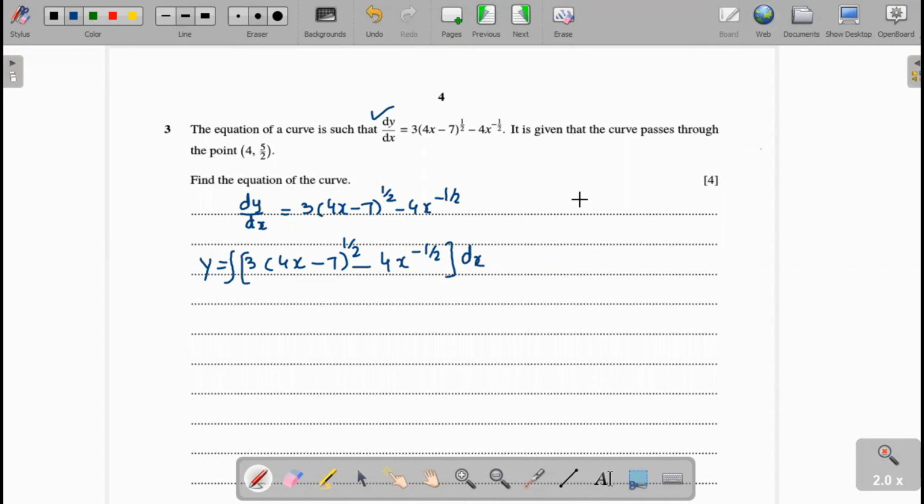Now you know the formula for the integration of a x to the power n is a into x to the power n plus 1 over n plus 1.